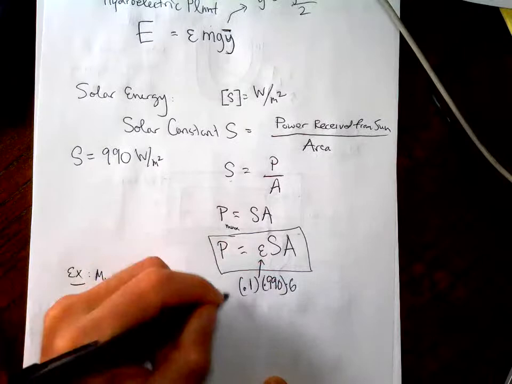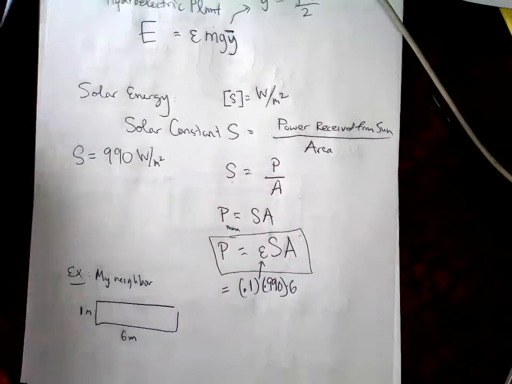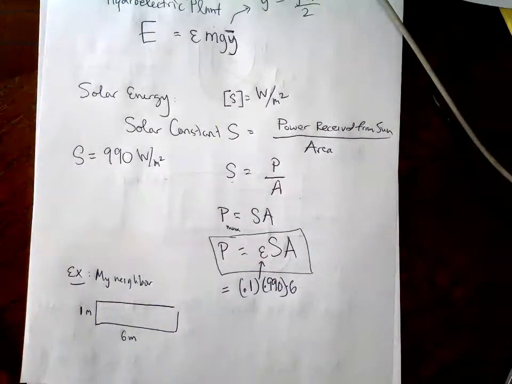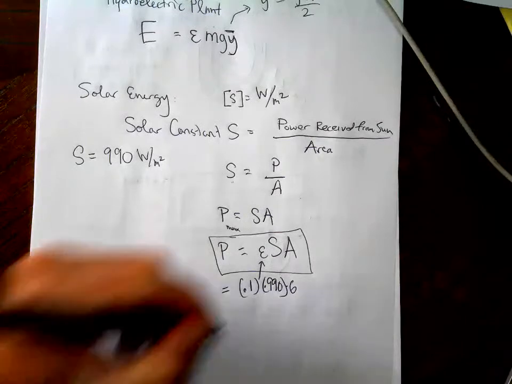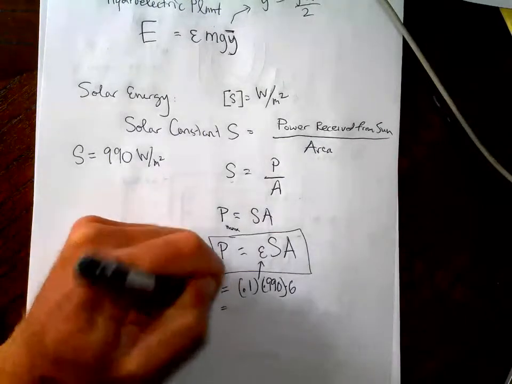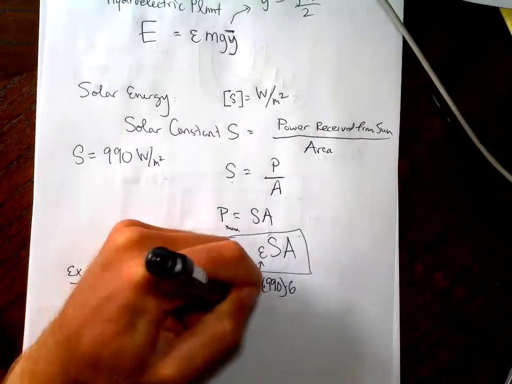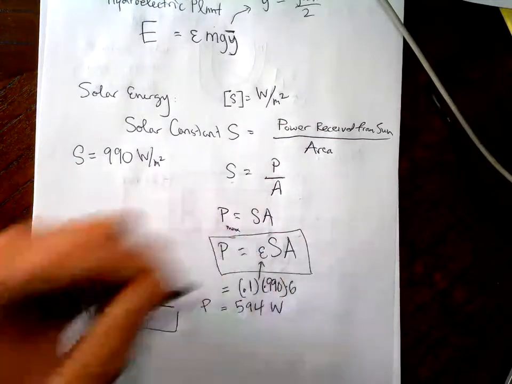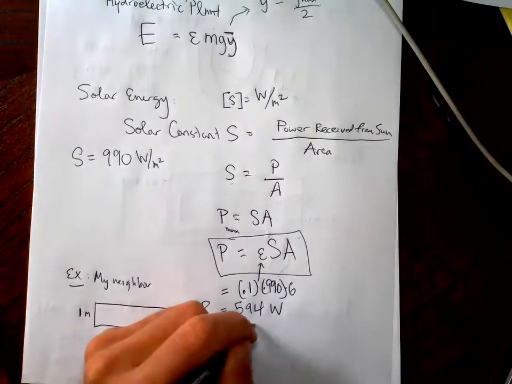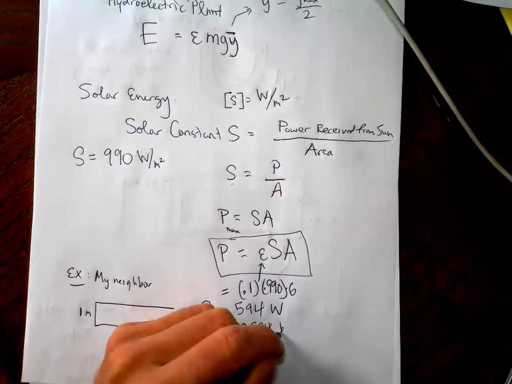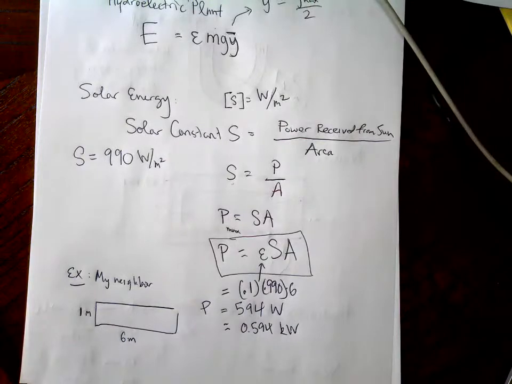So how much power is she going to be able to get using those solar panels? 0.1 times 990 times 6. That is a power output of 594 watts, which is 0.594 kilowatts. Okay.